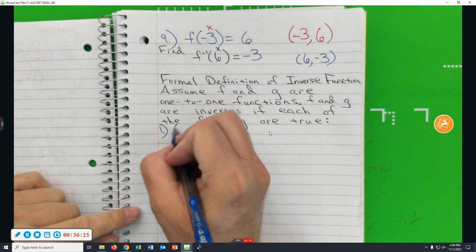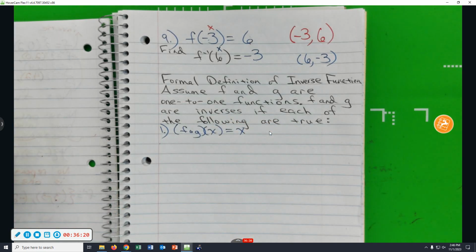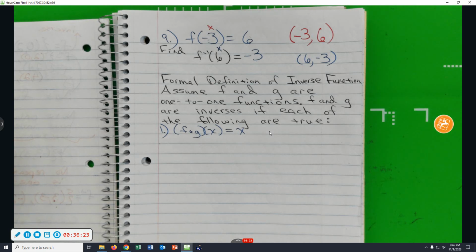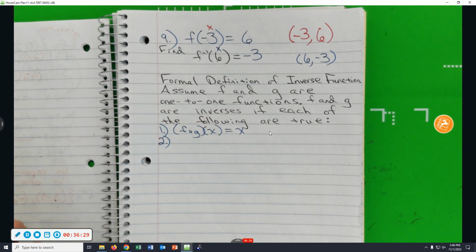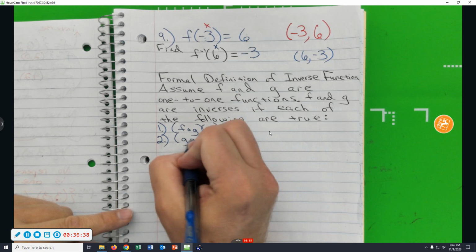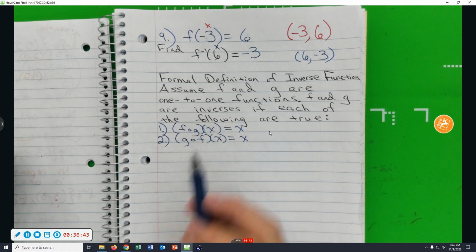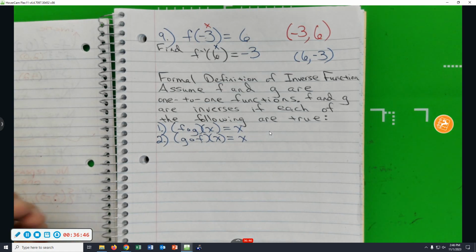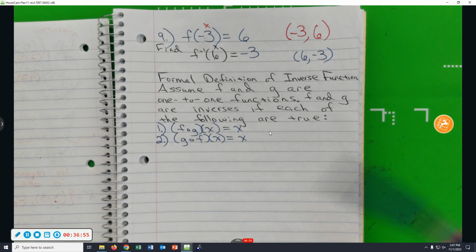If you find f composed with g of x, that has to reduce to x for every x in the domain of g. And if you reverse that order, g composed with f of x, that must also reduce to x for every x in the domain of f. If you find their compositions in both directions and everything cancels out except an x, then you know those functions are inverses.